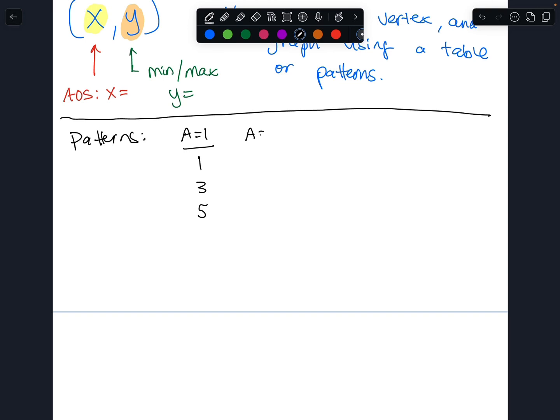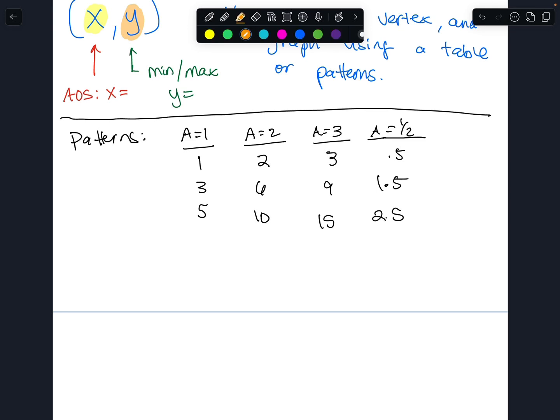And if your a equals 2, use the 2, 6, 10 pattern. If your a equals 3, use 3, 9, 15. And let's say a equals a half. I'm going to use 0.5, 1.5, and 2.5. If you notice, all of these numbers originate from this one. When a is 2, I just multiplied everything in line 2 by this first line in orange. When a is 3, I multiplied everything by 3.